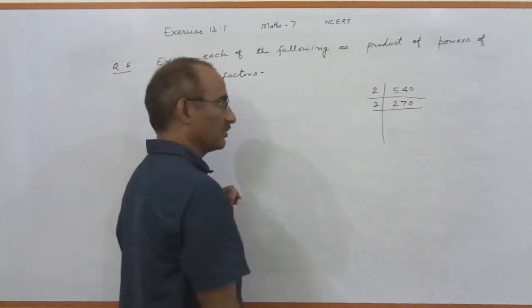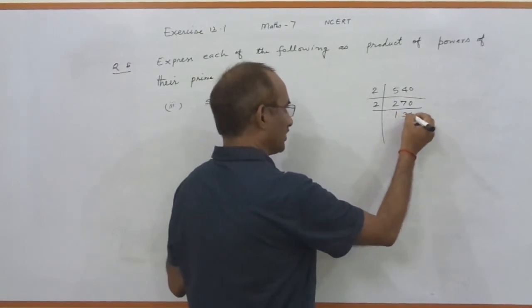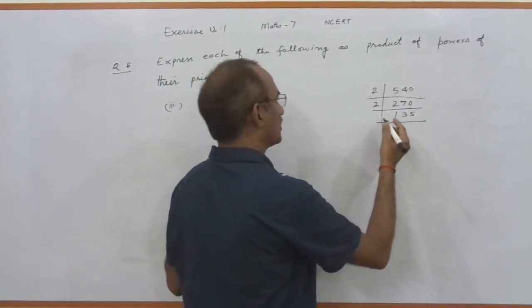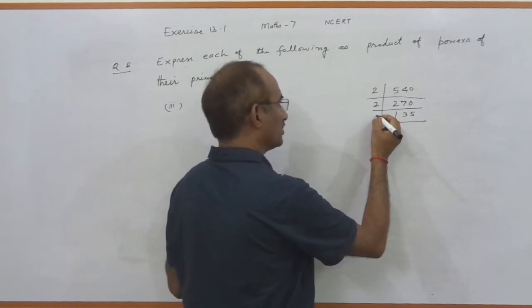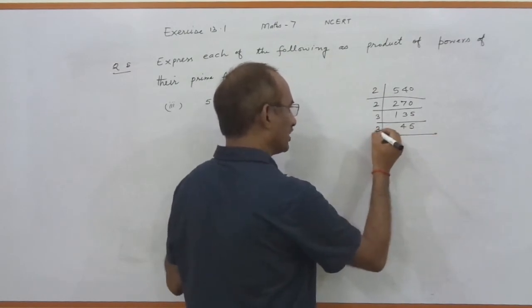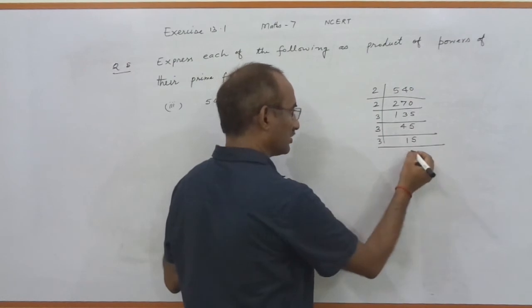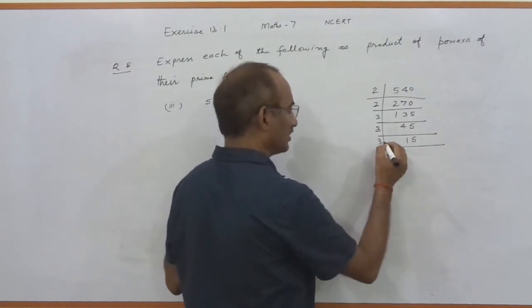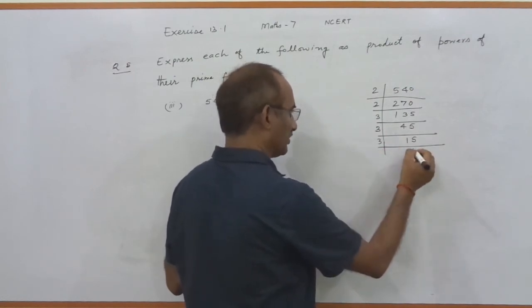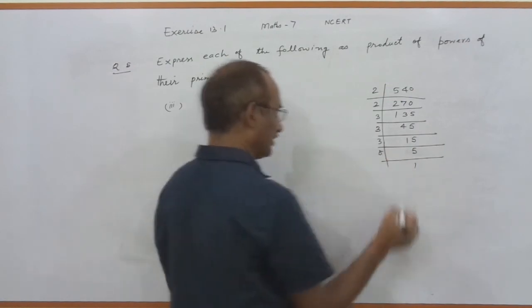Further on dividing by 2, we get 135. On dividing with 3, we get 45, then dividing by 3 we get 15, and then 5.